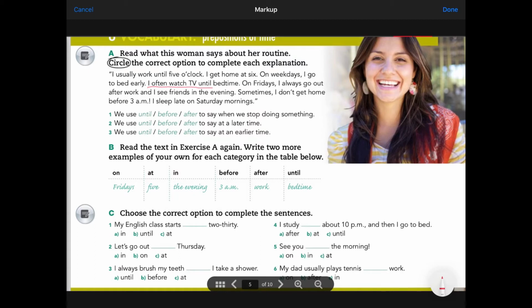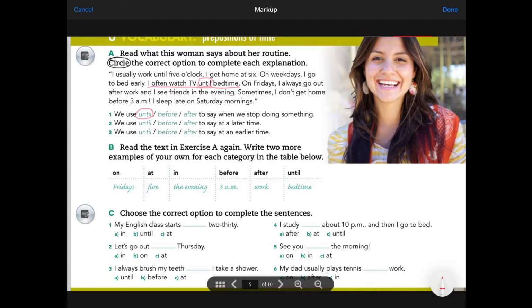I often watch TV until bedtime. What is bedtime? Bedtime is the time that you go to sleep. So what is the meaning of until? We use until to say when we stop doing something. So the number one is until.